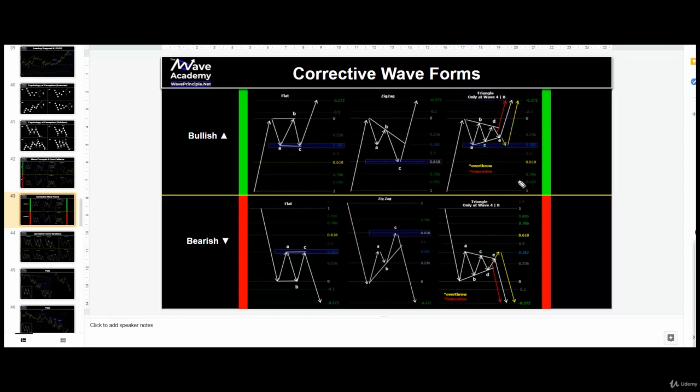But for now, just learn that there are only three main corrective forms, and you can see them here: flats, zigzags, and triangles. Whatever they do, they are always one movement strong, A, B, C, three movements. The price looks lateral. It can be something like this, and you don't know what this is, but you already know that inside there must be A, B, and C, and then it goes up.